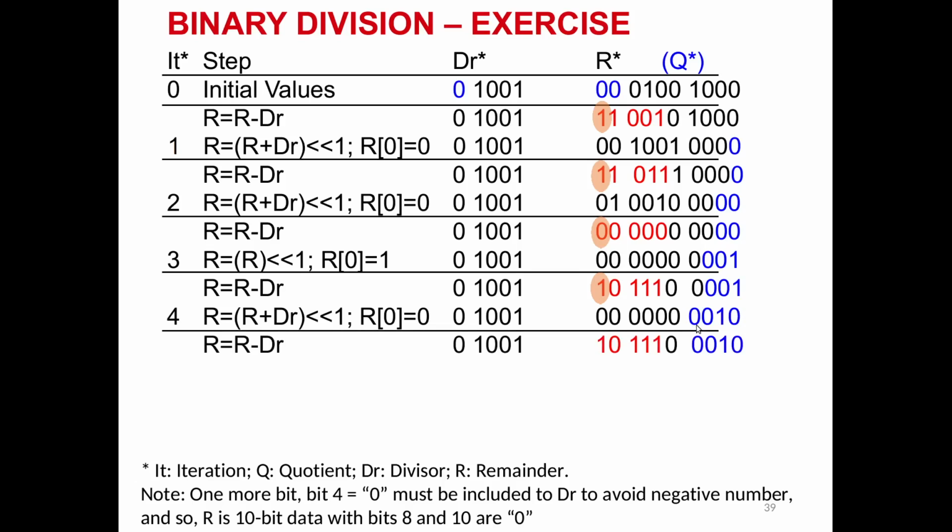And then to the fifth step, we take the most significant 5 bits of R, which are all 0 here.